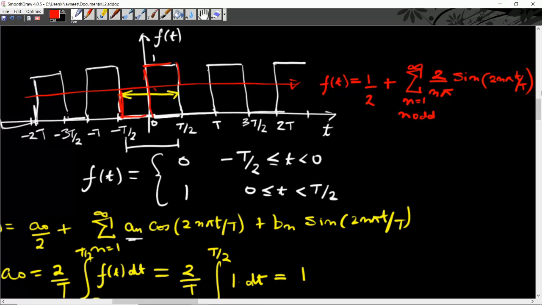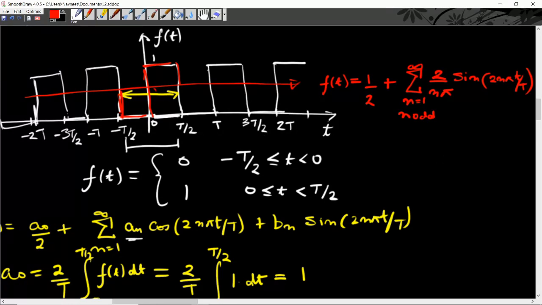So that's why we cannot have any cosine terms, and we have only sine terms over here.